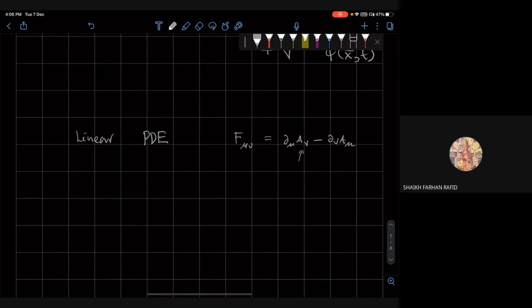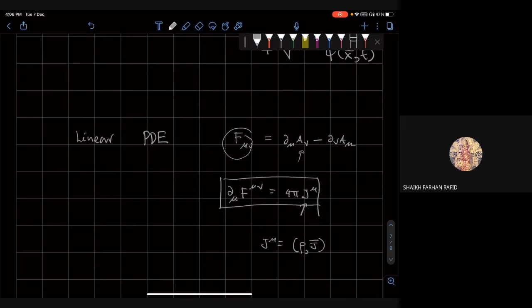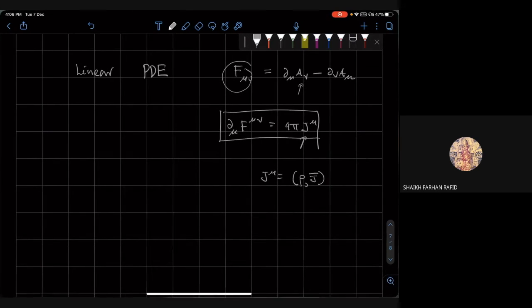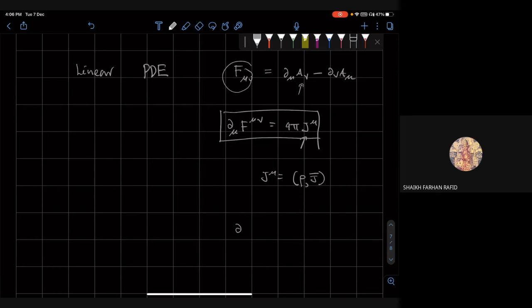Then Maxwell's equations become del mu F mu nu equal to some constant, say 4 pi, times J nu. J is a 4-dimensional current. The charge density is the 0th component, and the 3-dimensional current is the spatial part. So these become the two Maxwell's equations which have sources. The other two Maxwell's equations, in this language, actually become an identity.